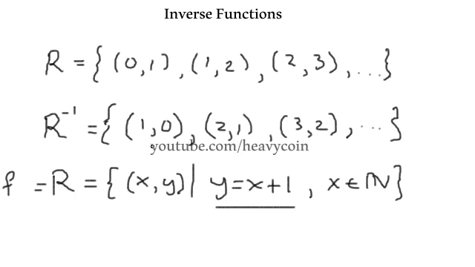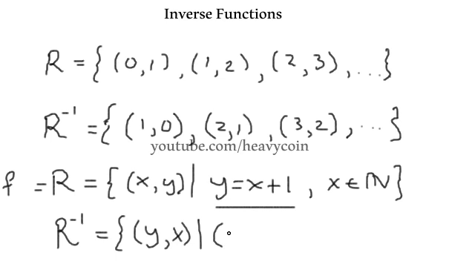And so remember, what happened here is we flipped these. Okay, and I'm going to write this out more generally. So our inverse is equal to the ordered pairs y, x, where we switched them around, and our ordered pairs x, y came from R. R being the relation, not real numbers.